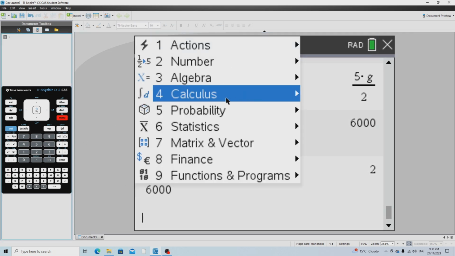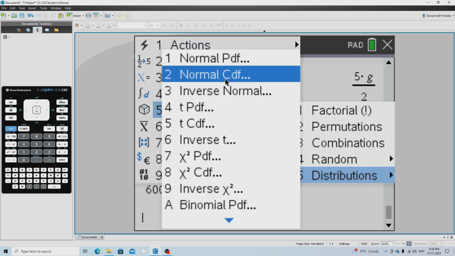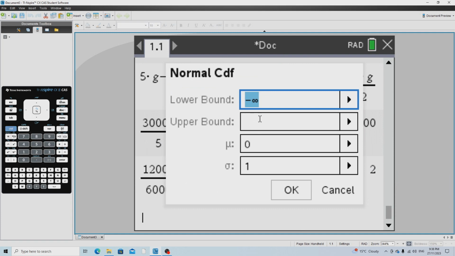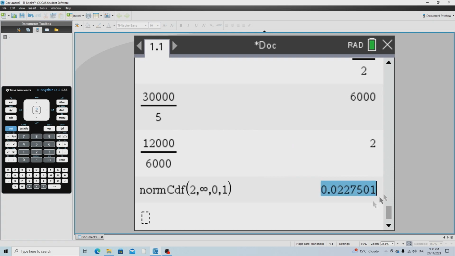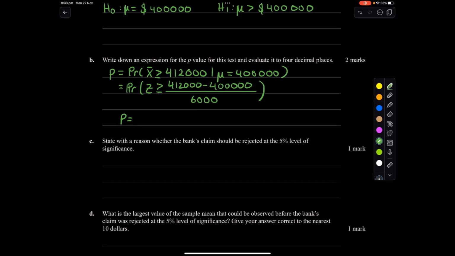Nothing happened at first, why is that? So 2 to infinity, and we get this over here. That's your p-value. To 4 decimal places, that's 0.0228. Yes, so that's your p-value.